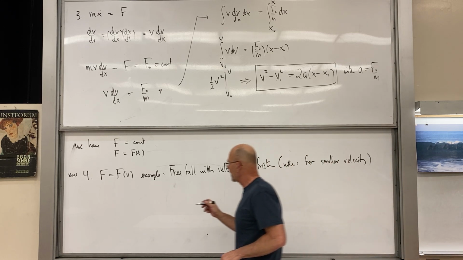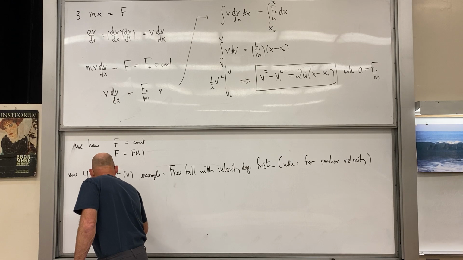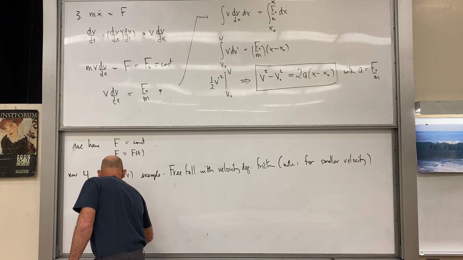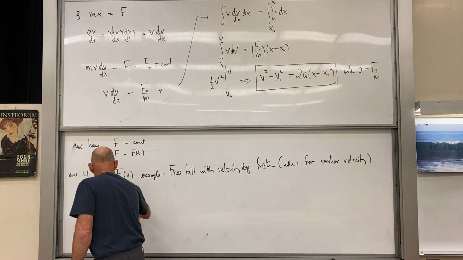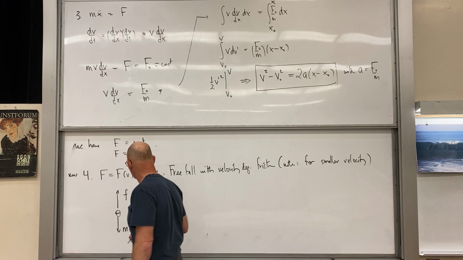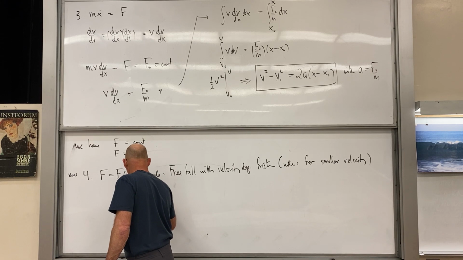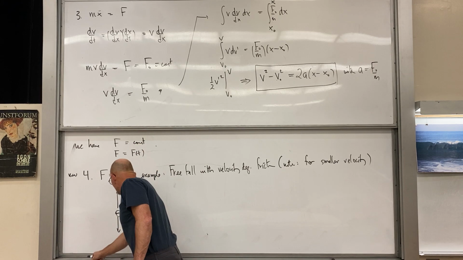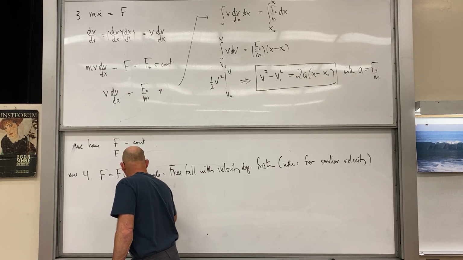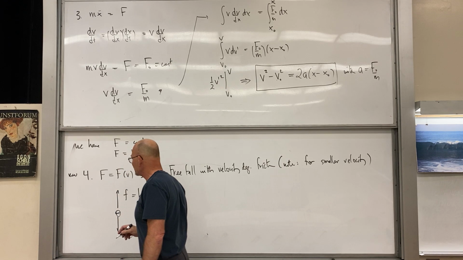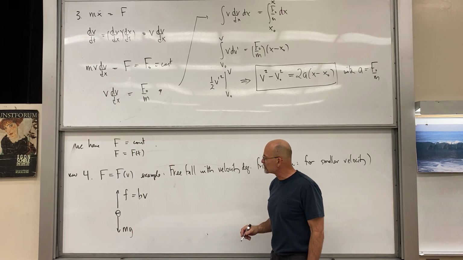Good. So let's go ahead and imagine we're dropping that tennis ball and we've got the weight and we've got a friction force. And we're just going to say its magnitude is equal to b times v. So that's a linear friction law.